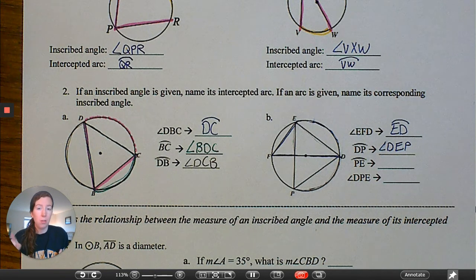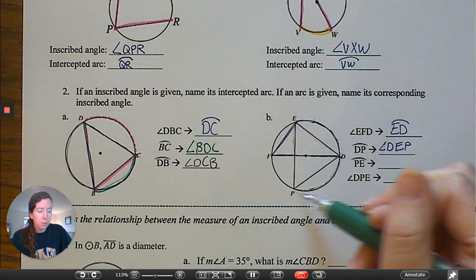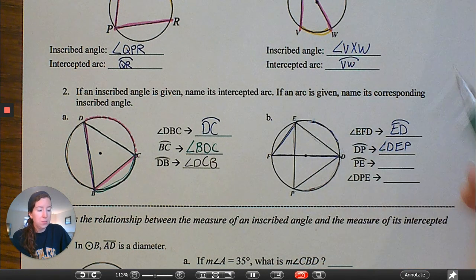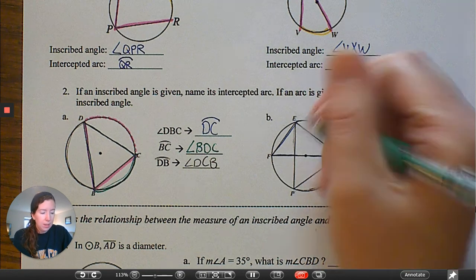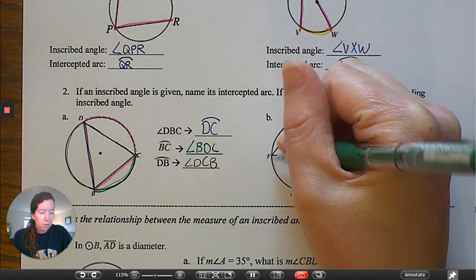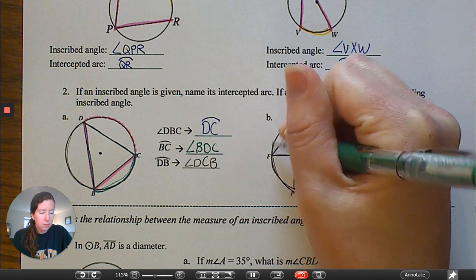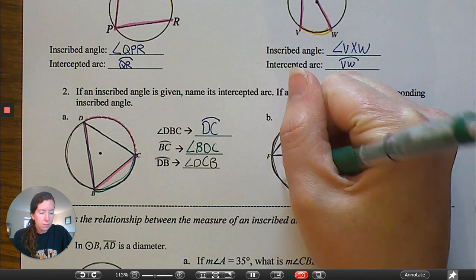If you want to go the longer way and you want it to be a major arc, they would give you 3 letters. So if they'd wanted me to go this way, it would have said arc PDE. But since it just says arc PE, it's going the shorter route of the two.